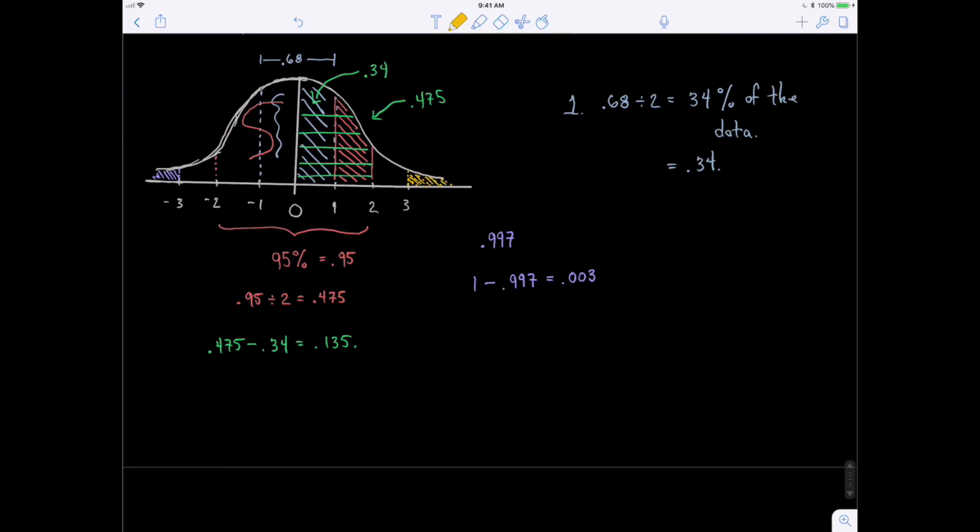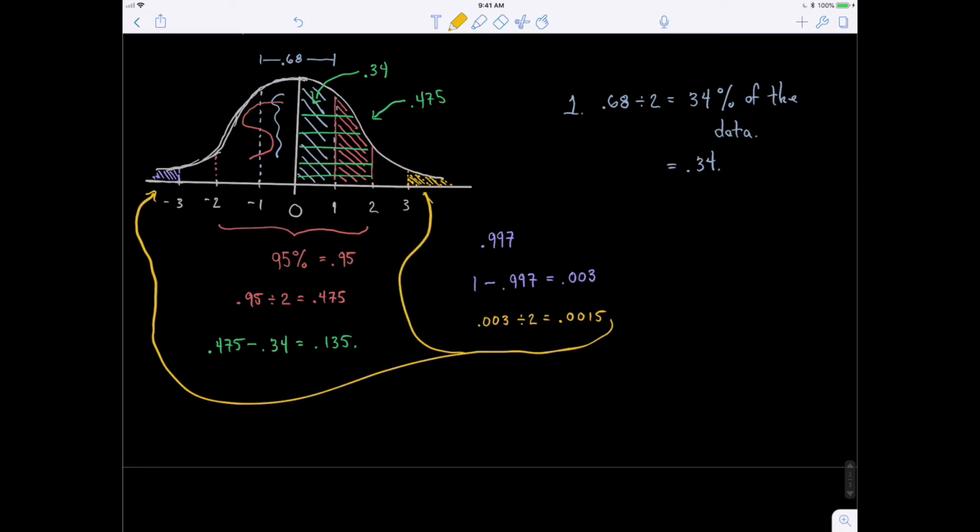And so all I have to do is divide the 0.003 by 2, and we're left with 0.0015. And actually, this 0.0015 is the area of the purple here, and it's also the area out in this tail. So that's kind of a clever application of it.